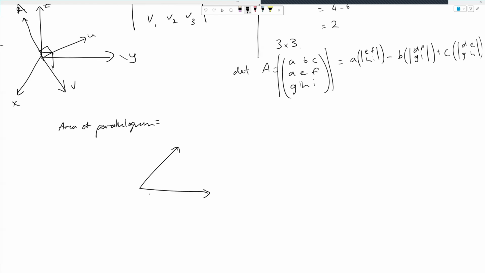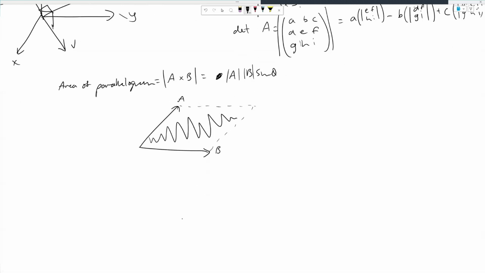Let's call this a and this b. The area of this parallelogram is given by the magnitude of a cross b, which is the length of a cross b, which is also given by the magnitude of a times the magnitude of b times sine theta. So I think a good question is, why is this the case?